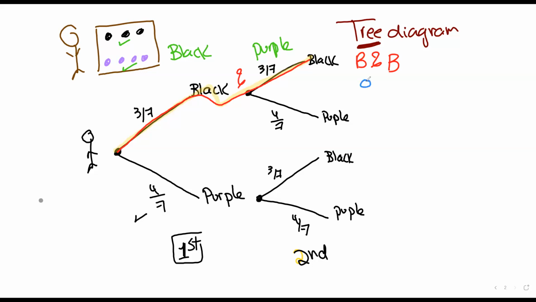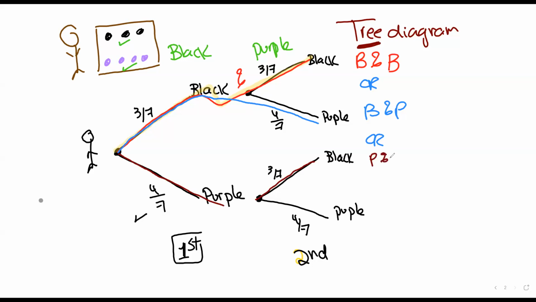Or no, I want to change my mind. Omar might take black in the first option and purple in the second option. Black and purple. Or, Omar decided to change his mind again. I don't want to take black in the first. I can take purple in the first and black in the second.